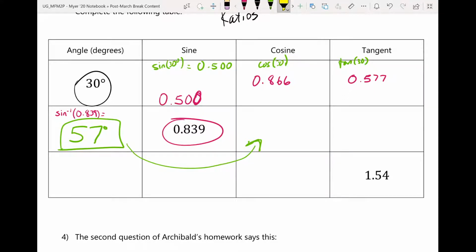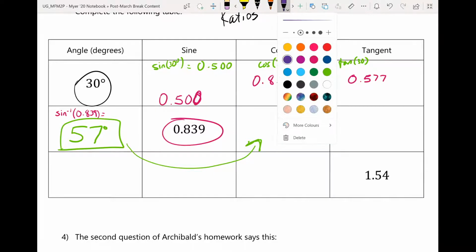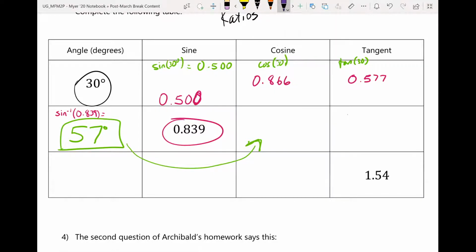So we could find the corresponding cosine for 57 degrees. So the cosine would be 0.545. Very good. I like that you even rounded it to the right number. Perfect. Yeah. And we'll do the tangent as well.